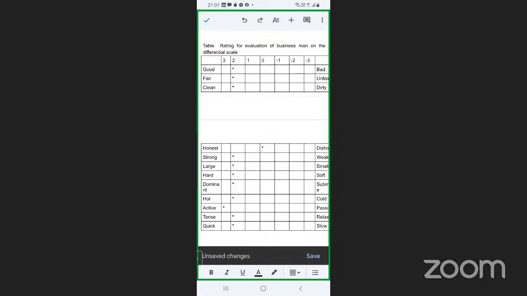The students are not very clear about whether the businessman is very honest or very dishonest, therefore they assign the score 0. So this is their perception about businessmen.